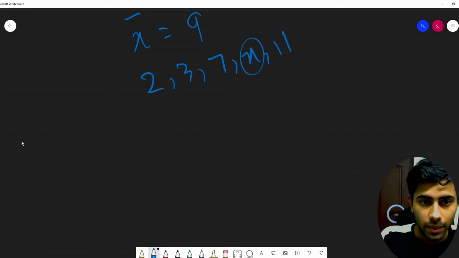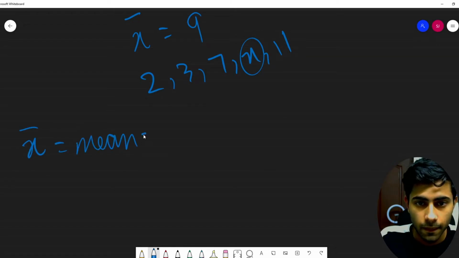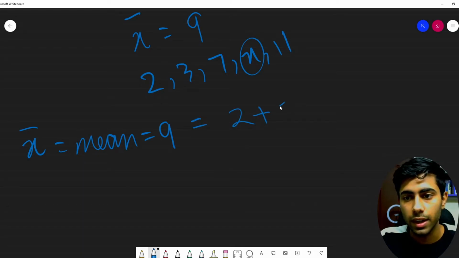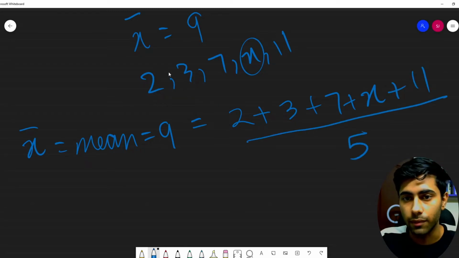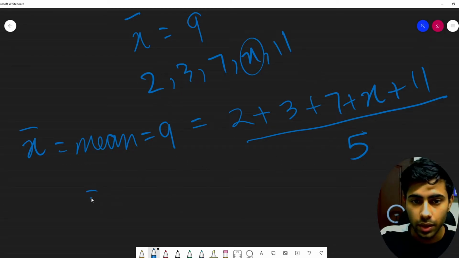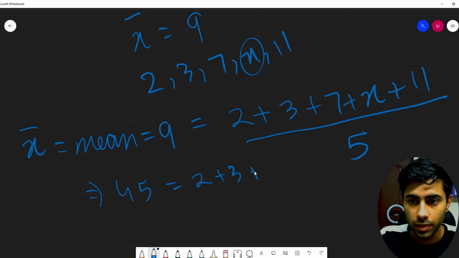My mean is equal to 9, and that 9 is equal to the summation of each individual observation divided by the number of observations, which is 5: 1, 2, 3, 4, 5. So I can take 5 across, therefore I get 45 is equal to 2 plus 3 plus 7 plus x plus 11.